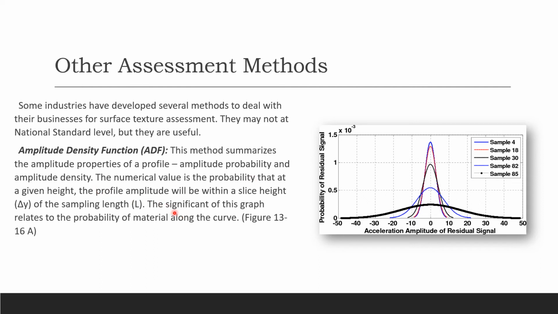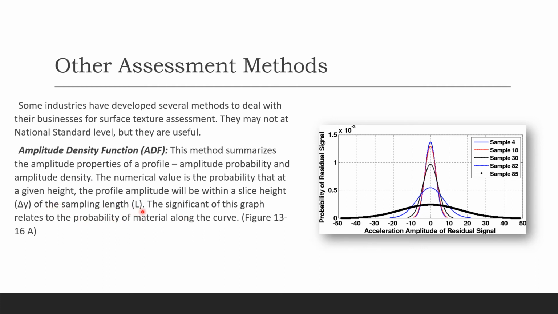So the numerical value is the probability that at a given height, the profile amplitude will be within a slice height. Slice height is a very minute height, delta y. Remember the y-axis and then your x-axis. Everything on your y-axis is called the height of your sampling length.